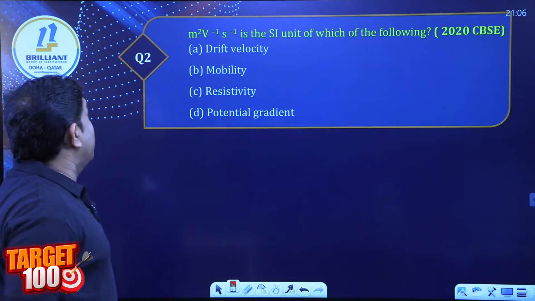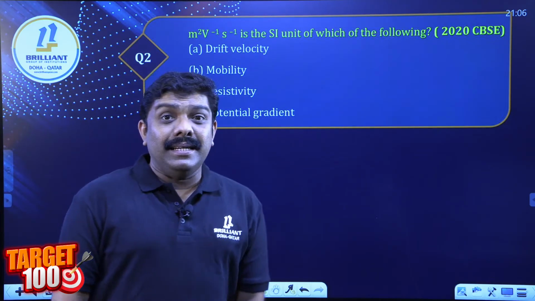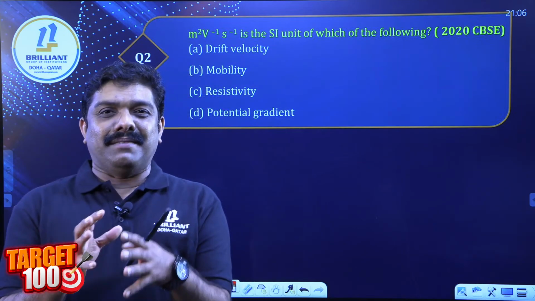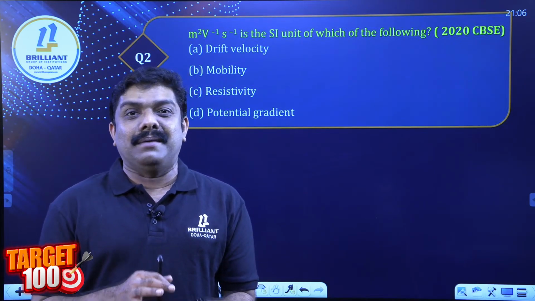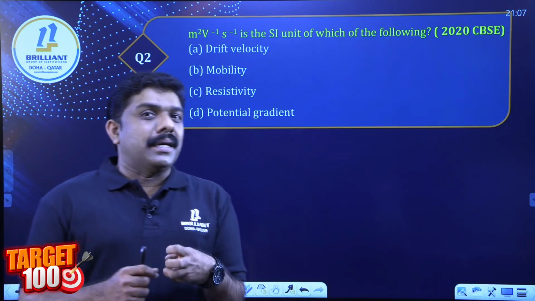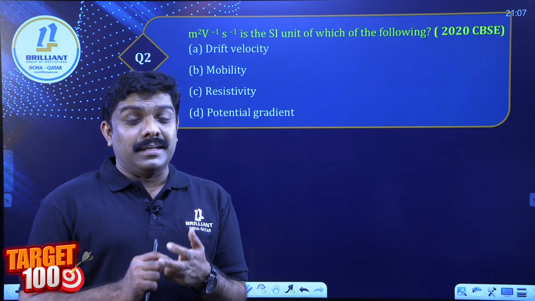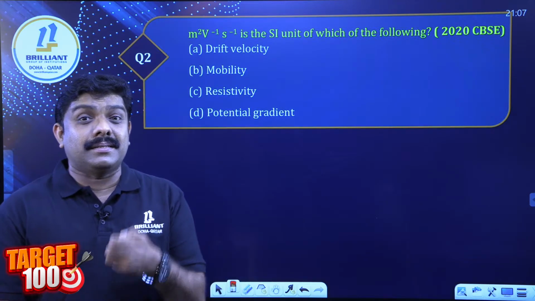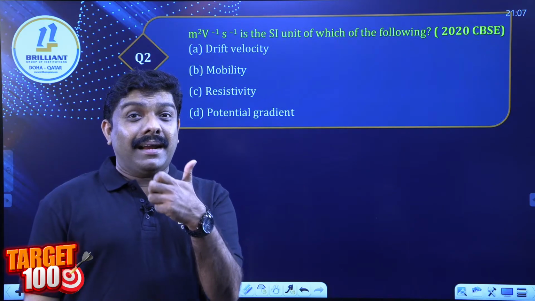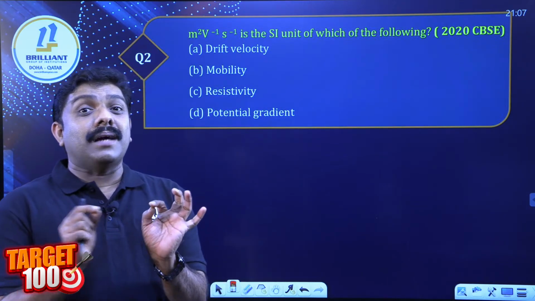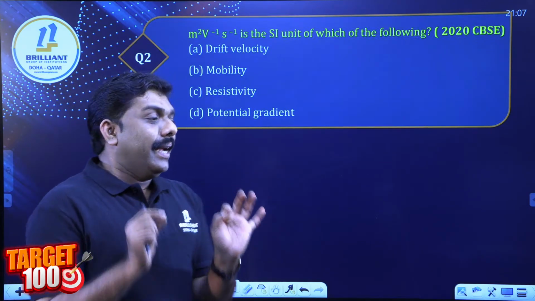Okay, now we are doing the next question, question 2. It is a question on mobility. Units are always coming as very important questions for examinations. When we are studying new quantities, resistance, resistivity, mobility, conductivity, conductance, drift velocity, current density, all these new terms and their units are a possible area for MCQs.